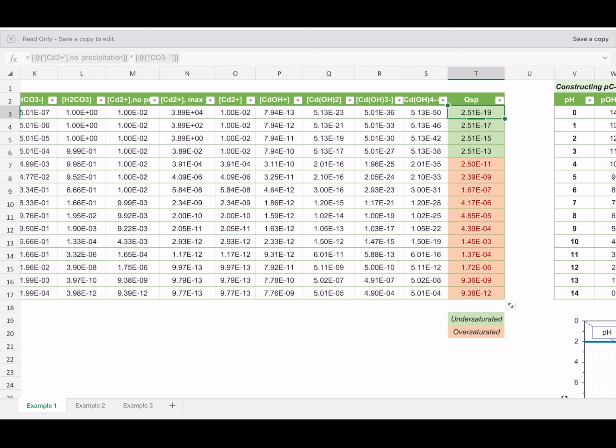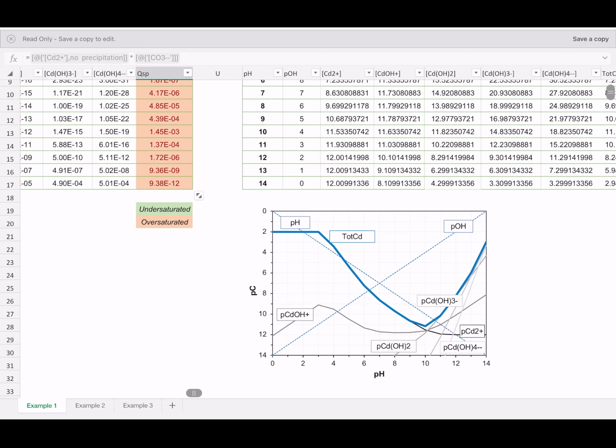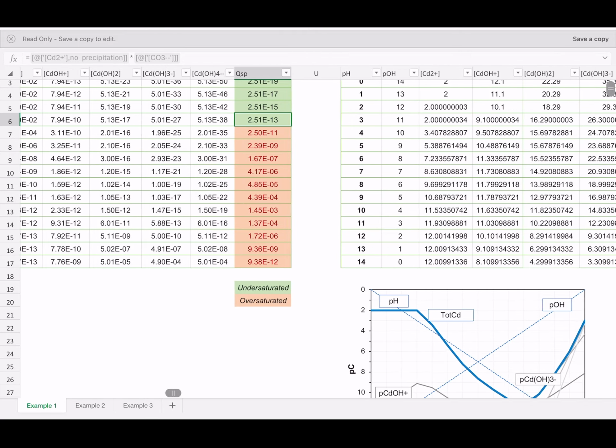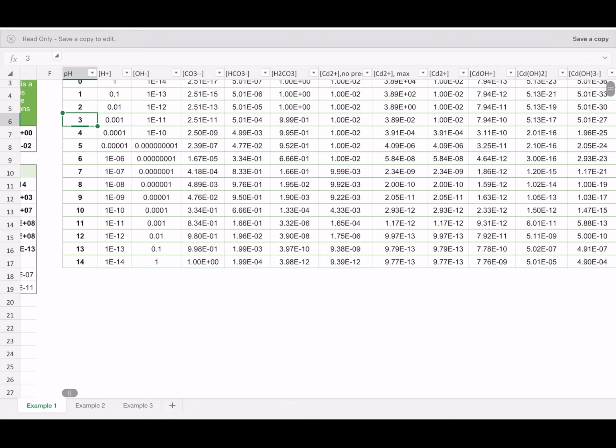If it's lower, that means it's undersaturated. That means we can use the total mass balance. The mass balance of cadmium doesn't change. But when we get to oversaturated, basically we're losing cadmium through precipitation. And that's exactly what you see here. As you see here, the edge of undersaturation is around pH 3.